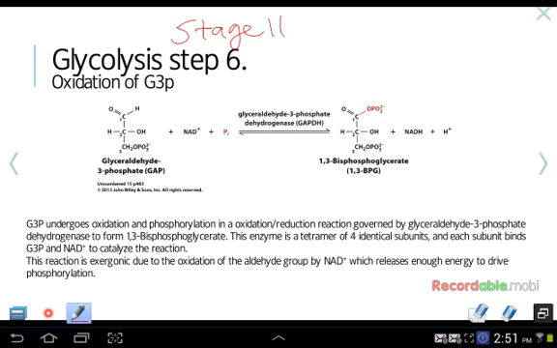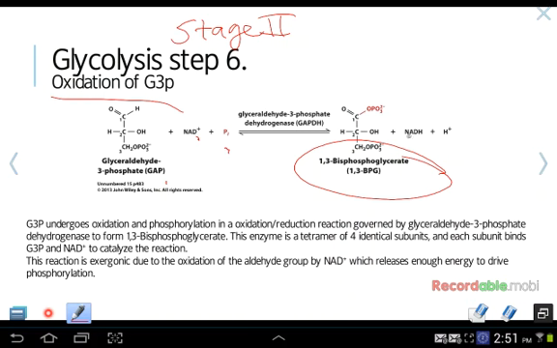All right, so now we are about to create ATP. In this step, we're going to have oxidation of G3P. So glyceraldehyde 3-phosphate is oxidized using NAD+, and then phosphorylated in order to make 1,3-bisphosphoglycerate, or 1,3-BPG.